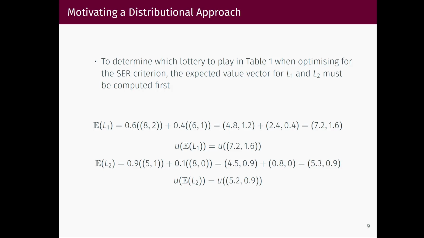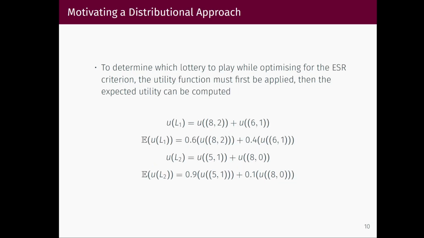So we can see here we have the expected value vectors of both lotteries. Then we can use Pareto dominance to determine a partial ordering over these lotteries. Given there are only 2 lotteries here, it's not very clear, but if there were more lotteries, we could start pruning away dominated and keeping non-dominated lotteries and then return those to the user. Once the user's utility function becomes known, they can select the lottery which best reflects their preferences.